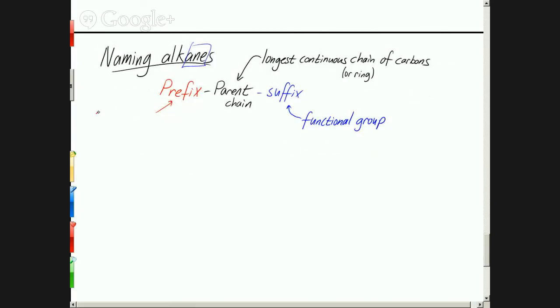So then the other thing we haven't defined yet is the prefix. And the official word for what the prefix tells you about is substituents, and we'll get into what that means. But what that really just means is stuff hanging off the parent chain.